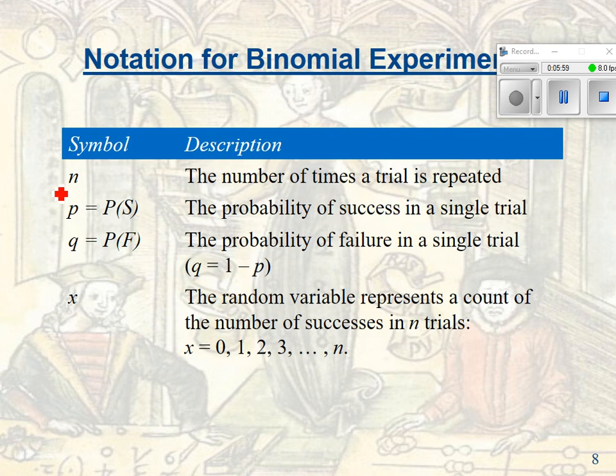Next thing, these here are important. These are the 4 things you're going to be looking for. Again, N just stands for number of trials. P is your probability of a success.